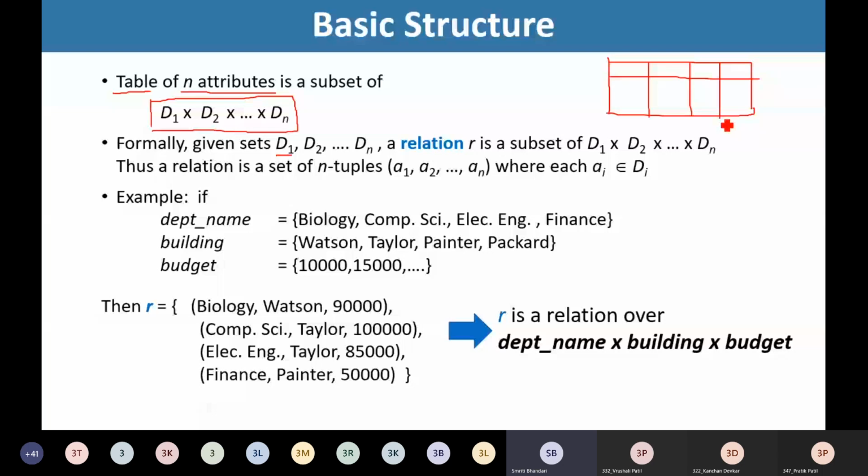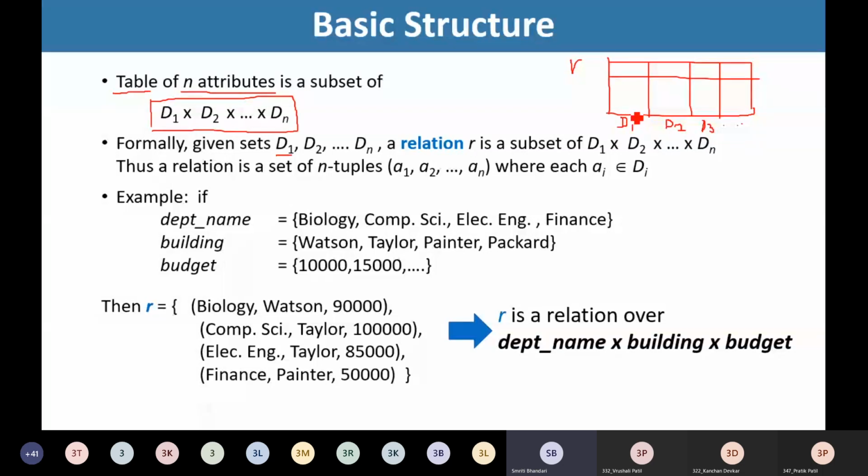If I have this relation R, I have attributes, n of them, and associated with those I have domain d1 for attribute 1, domain d2 for attribute 2, domain d3 for attribute 3, and so on.